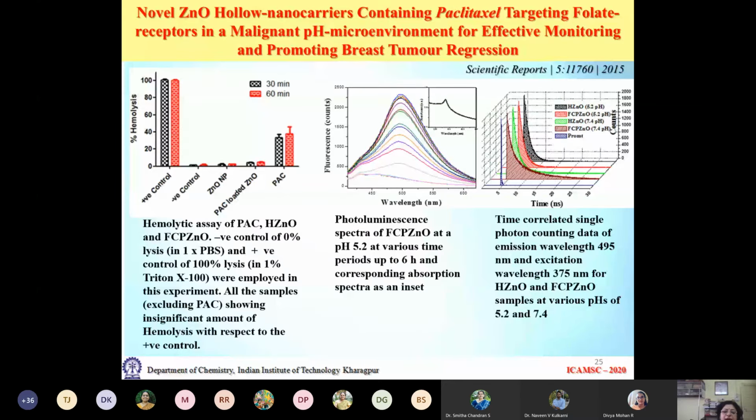That means as soon as the targeting moiety or the drug delivery unit reaches the cell, invades the cell and goes inside the tumor cell, then what happens, there is a rupture of the cell boundary, and you have a very high increase in the photoluminescence.